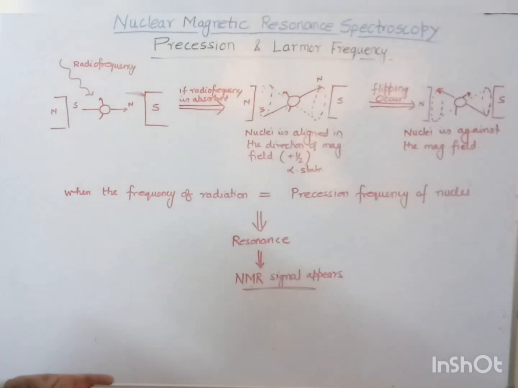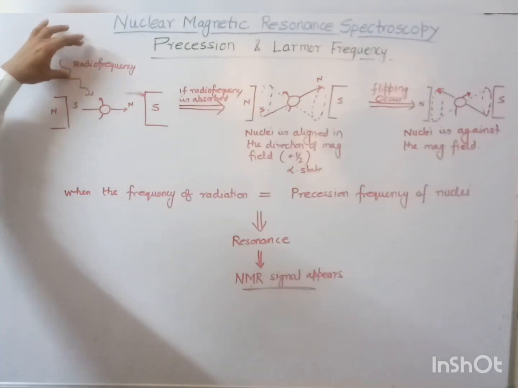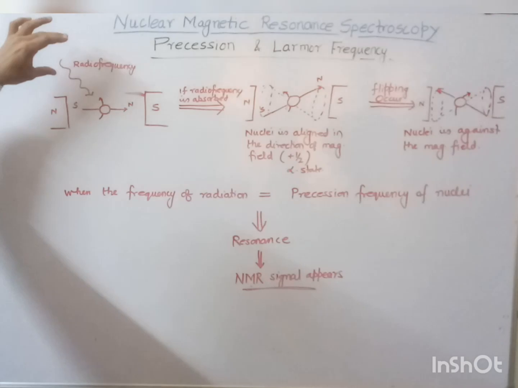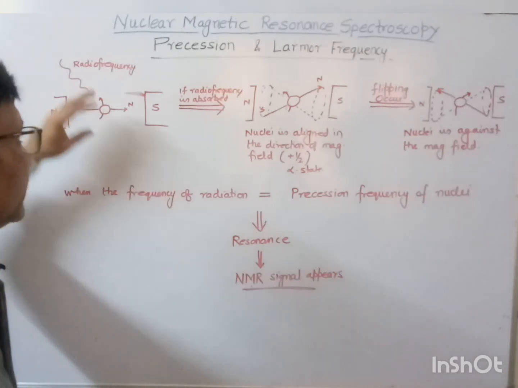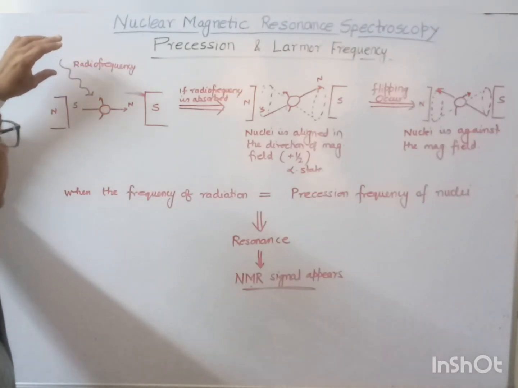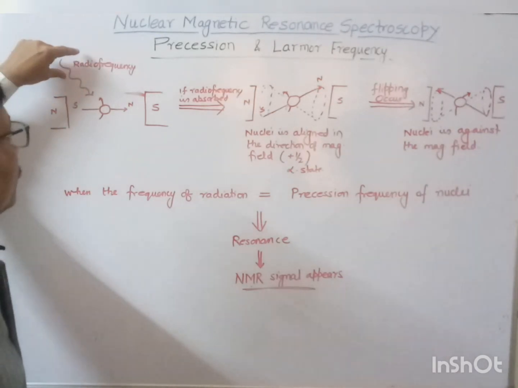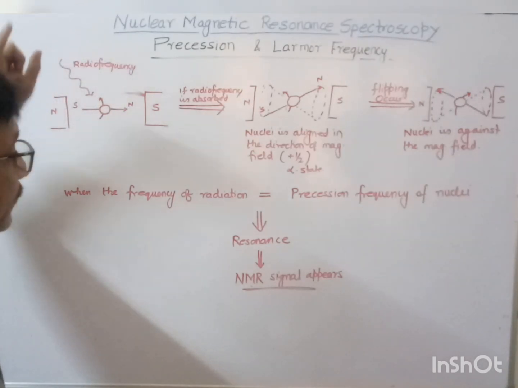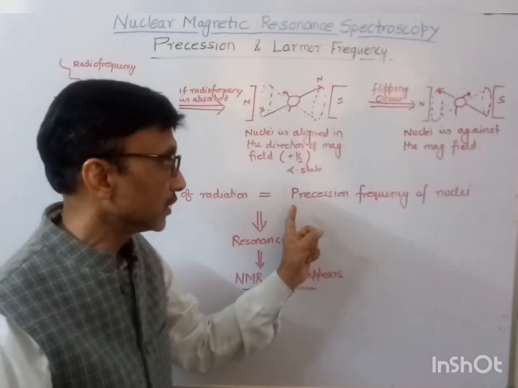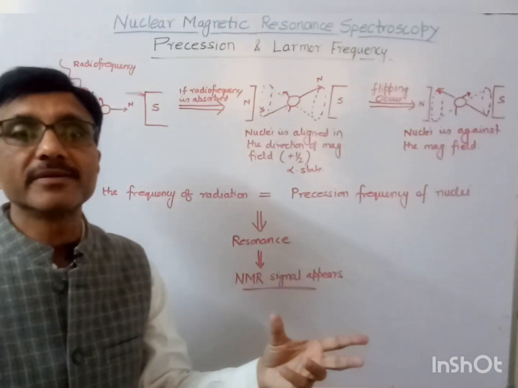Or otherwise, we may understand it in a different way: this radio frequency is actually an oscillating radio frequency. If it is oscillating, then it is charged, so it will have a certain electric field component. When the electric field component of this radio frequency wave couples with the electric field component of the precessional nuclei, then only the resonance will take place.